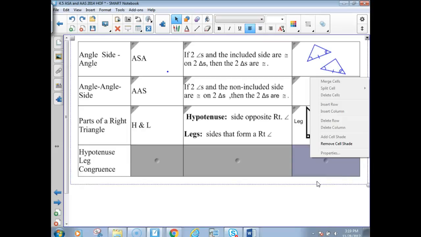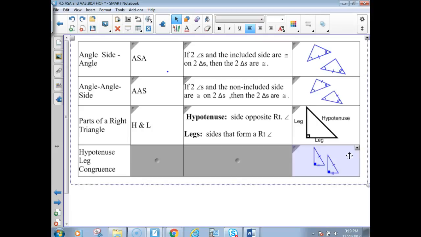Now, I did not go over the hypotenuse leg congruence. It will be a fifth way to prove triangles congruent. The hypotenuse leg congruence might look something like this. Now, notice that that's an angle and a side and a side, which spells a bad word.